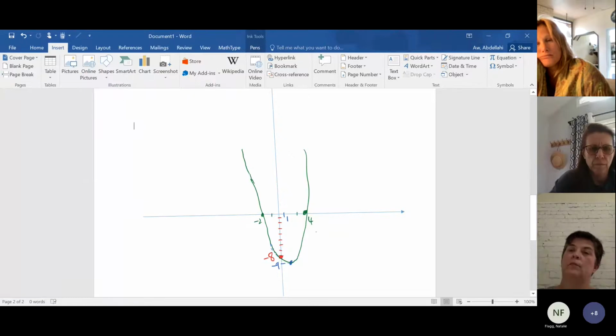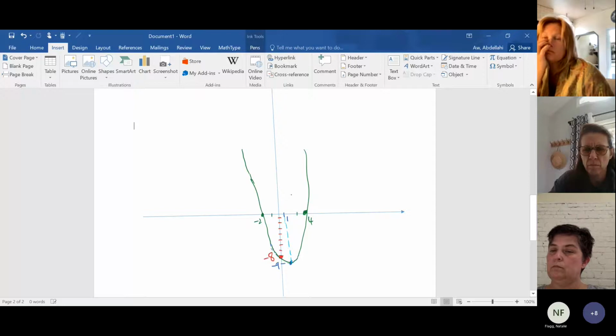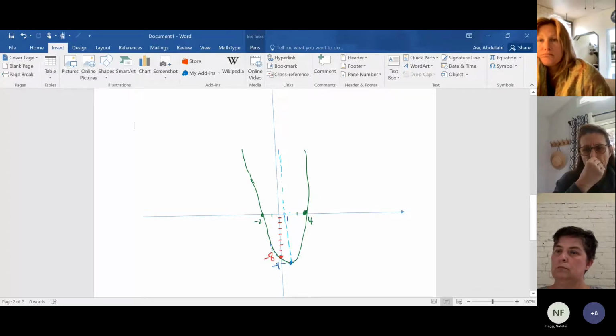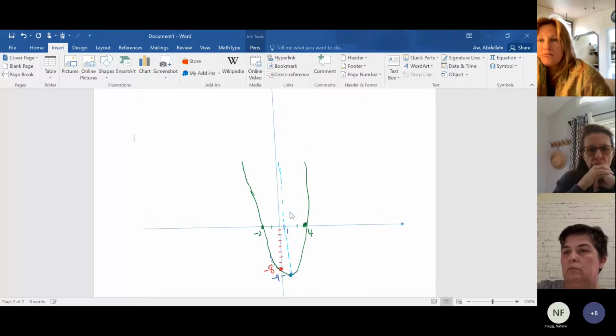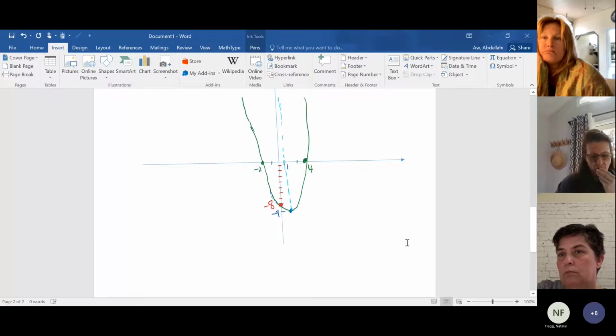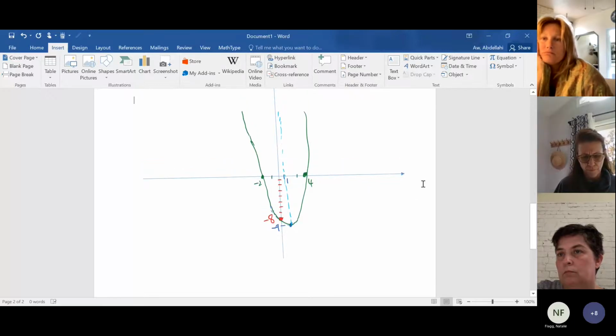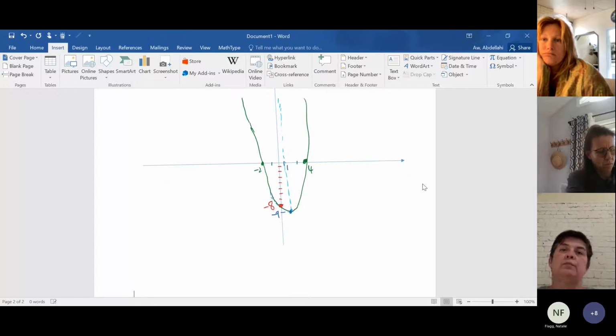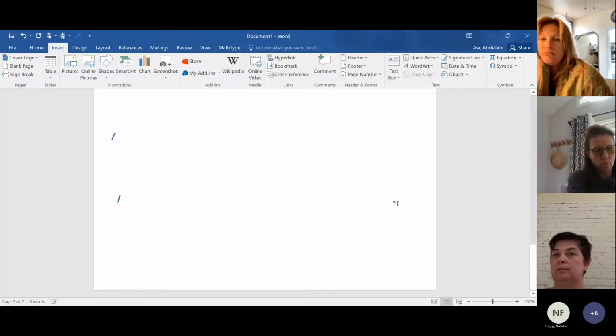If you look at this line right here, that is the axis of the parabola, the middle line. If my graph was accurate, the left part and the right part will be completely symmetric, okay? That is how we graph a parabola.